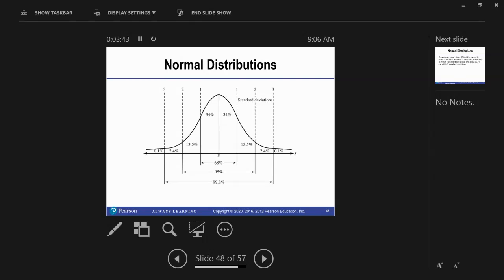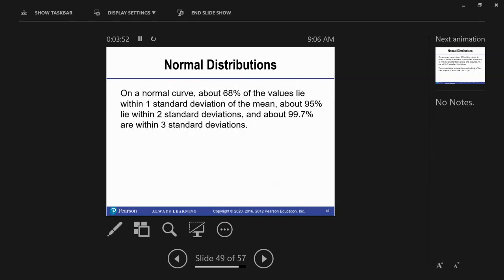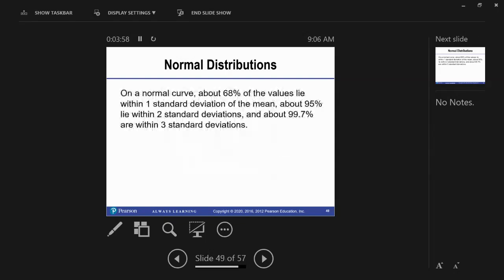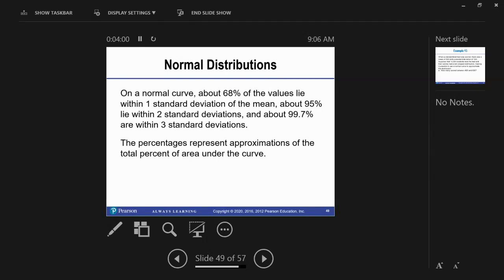So 68% of your data will fall in the middle. 95% of your data falls within 2 standard deviations, and 99.8% of the data falls within 3 standard deviations of the mean. So those percentages on the graph represent approximations of the total percent of area under the curve.